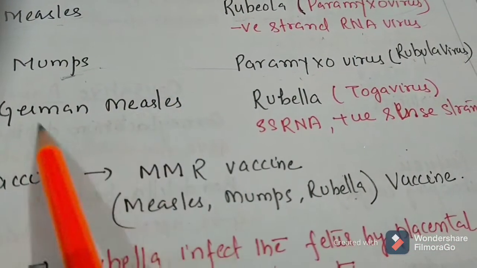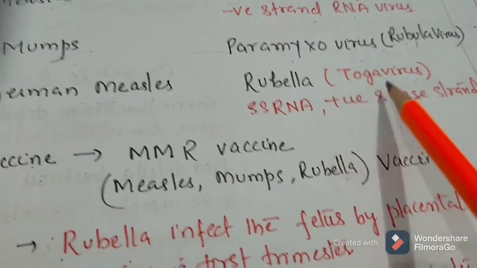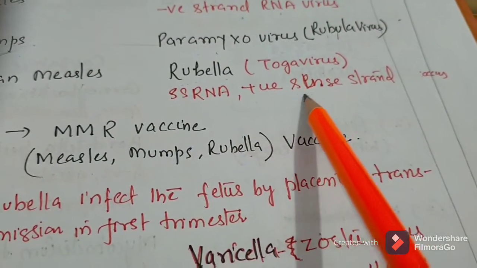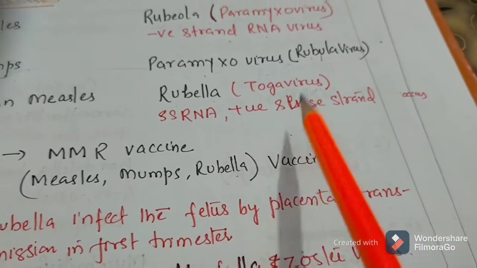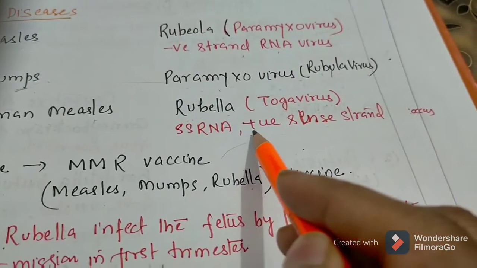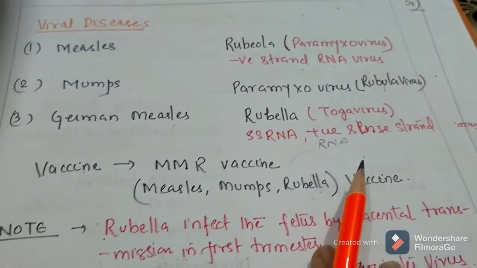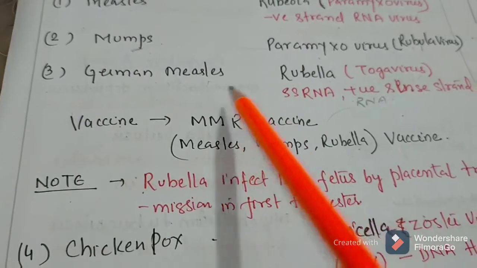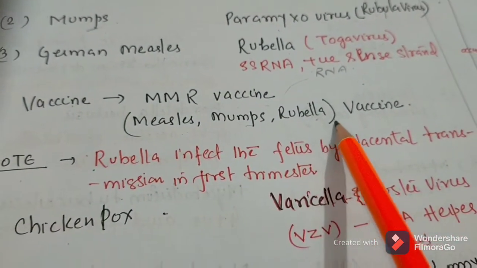Then we have German measles, commonly called rubella. It is caused by togaviruses, which are single-stranded positive strand RNA viruses. For all these three diseases, there is a vaccine called the MMR vaccine: measles, mumps, and rubella.